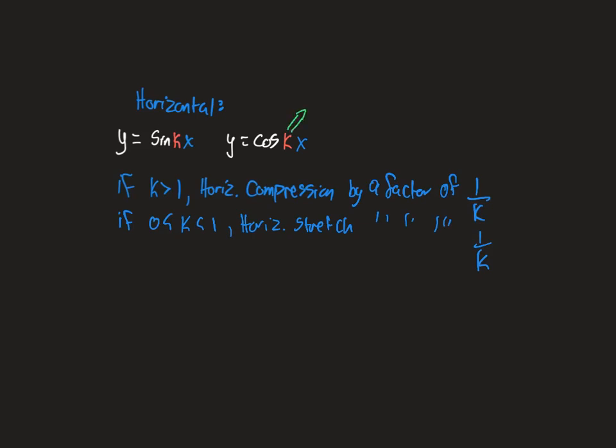K is also represented by the period. So whatever my period is, that's my k. Whatever my amplitude is, that's my a. And the period's always represented, because sine and cosine is circular, usually by 360 degrees divided by k.